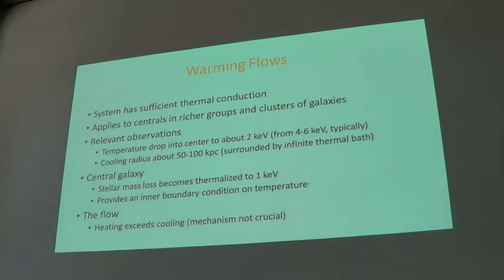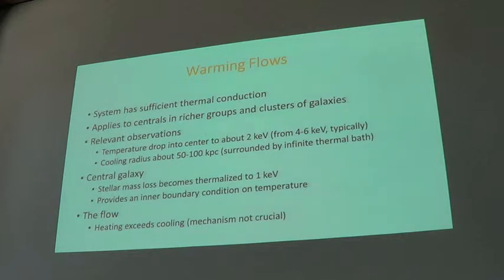If we look at the centrals in richer groups and clusters of galaxies where conduction can be important, what you see when you look at the X-ray temperature distribution is that it drops by about a factor of 2 or maybe a little more into the center.